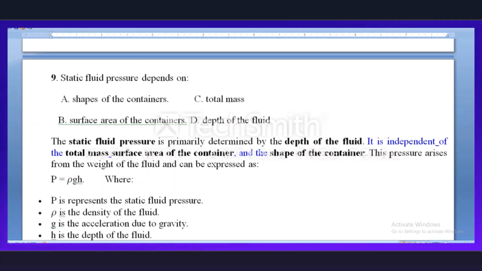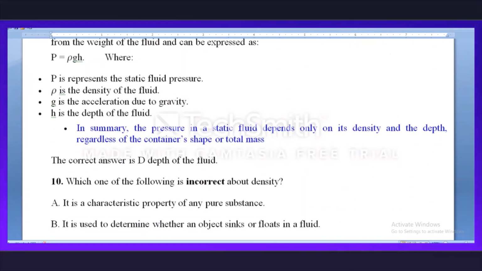This pressure arises from the weight of the fluid and can be expressed as P equals rho times g times h, where P is the static fluid pressure, rho is the fluid density, g is the acceleration due to gravity, and h is the height or depth of the liquid. In summary, the pressure in a static fluid depends only on its density and depth, regardless of the container's shape or the total mass. So the correct answer is D, depth of the fluid.